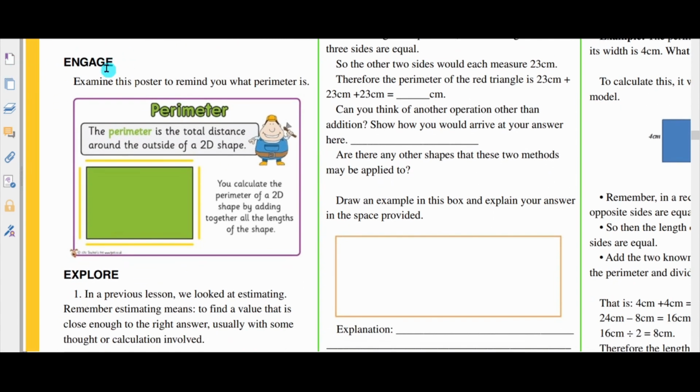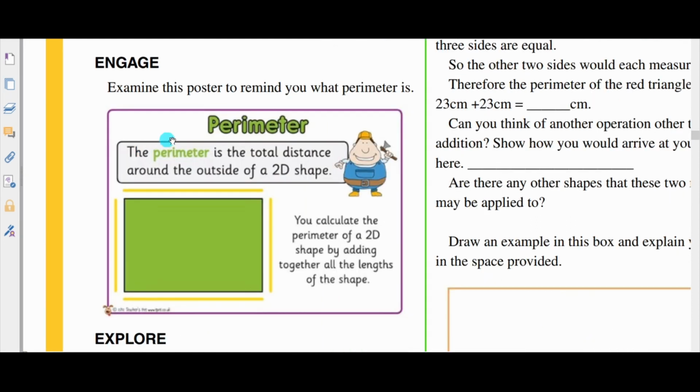Engage. Examine the poster to remind you what perimeter is. Perimeter. The perimeter is the total distance around the outside of a 2D or two-dimensional shape. You calculate the perimeter of a 2D shape by adding together all the lengths of the shape.